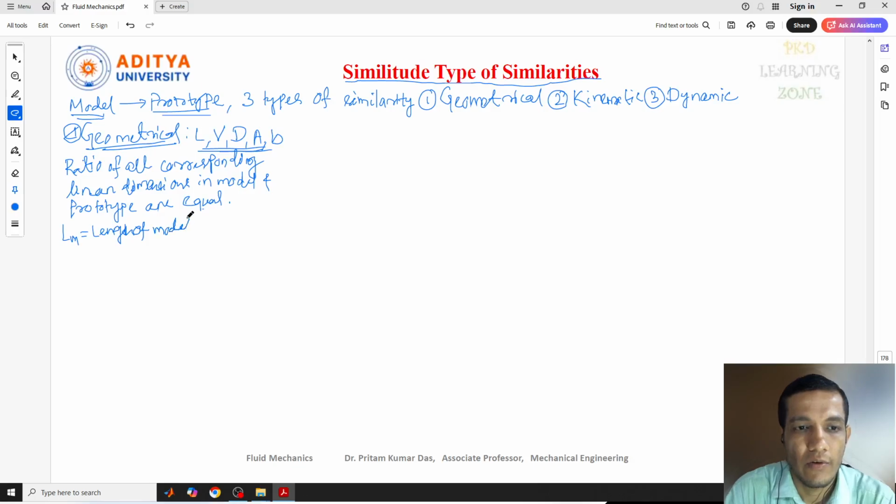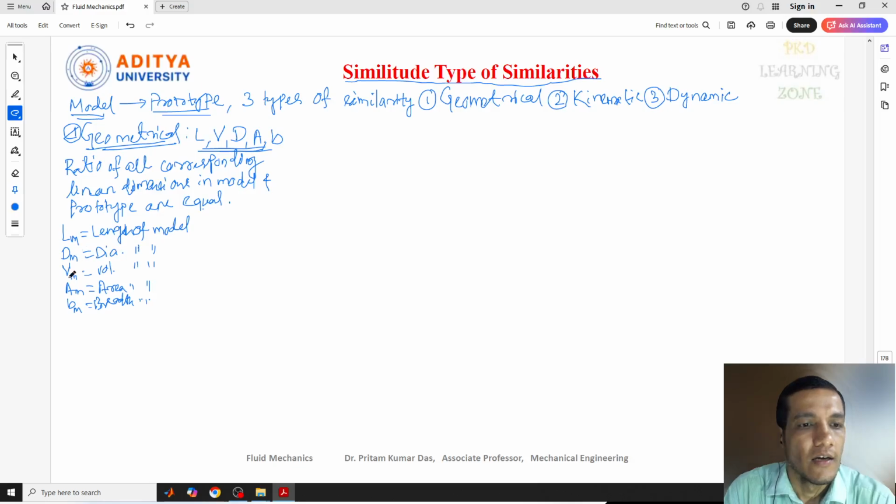Similarly, I can write dm, the diameter of the model, and volume Vm, the volume of the model. Am is the area of the model, and Bm is the breadth of the model. These are some properties in the geometrical similarities. Any kind of dimensions we need to consider.